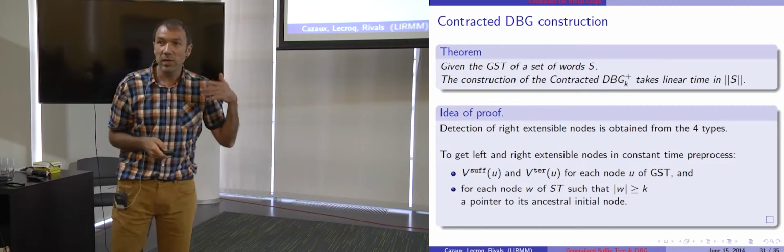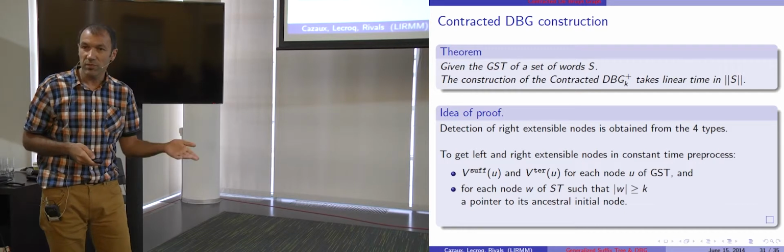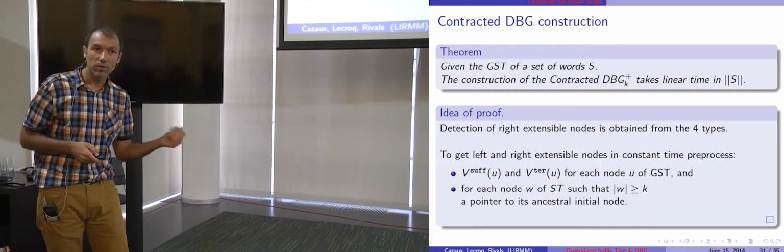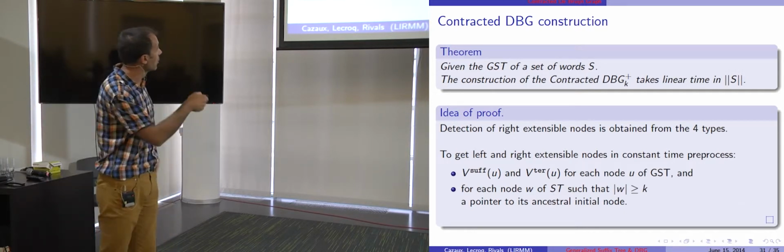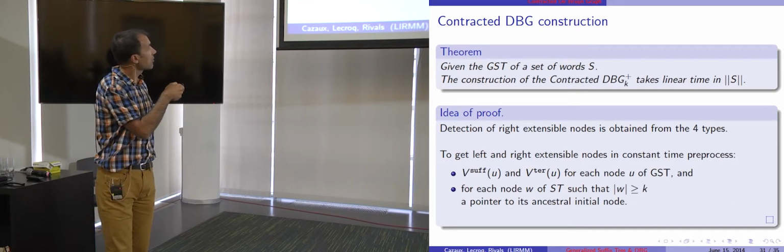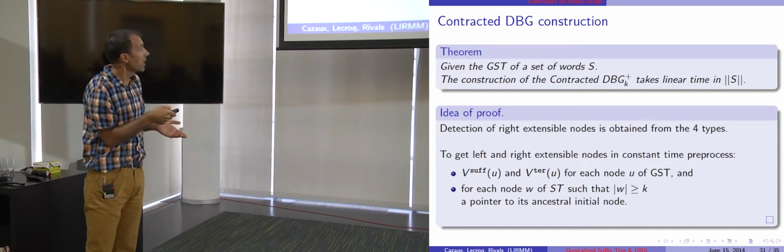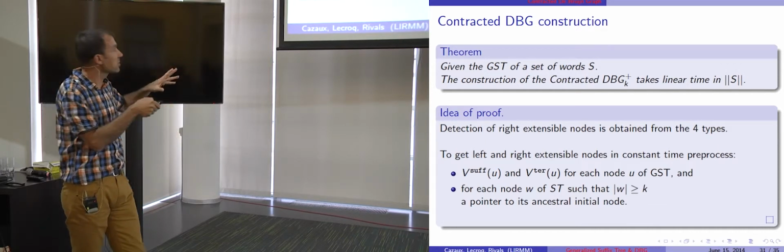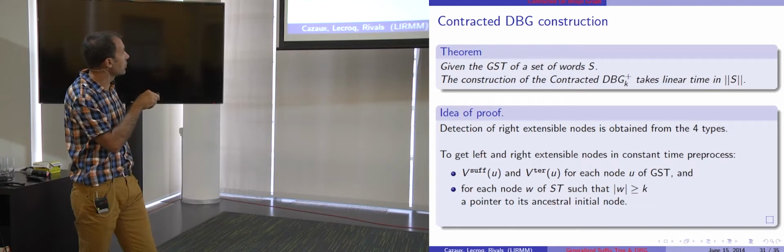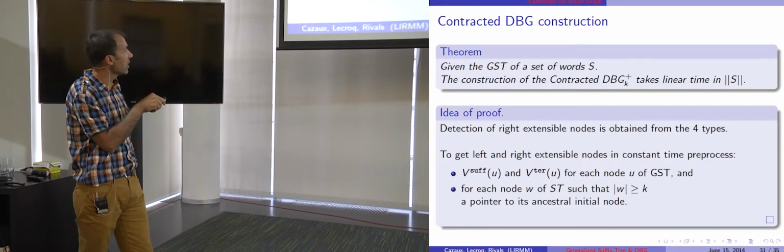With all this, we can get the contracted doubling graph in linear time from the generalized suffix tree, because the dissection of the right extensible nodes is obtained directly from the 4 types. And while you're preprocessing the tree, you can compute V sub u and V ter of u.